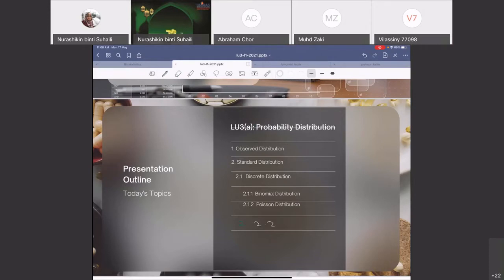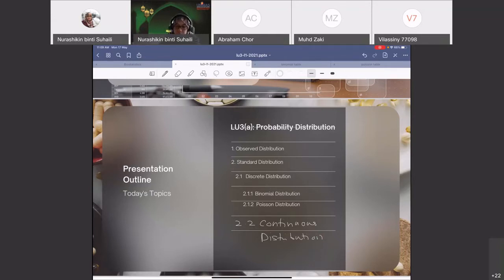So standard distribution can be divided into discrete and continuous.